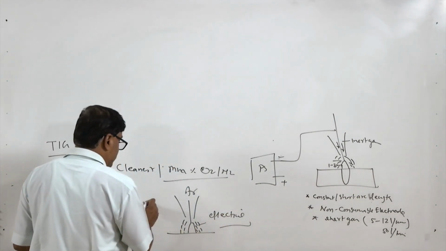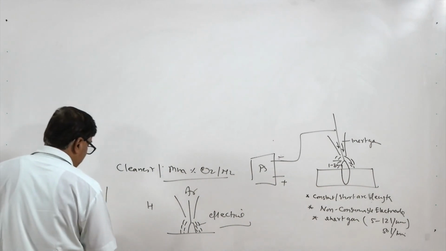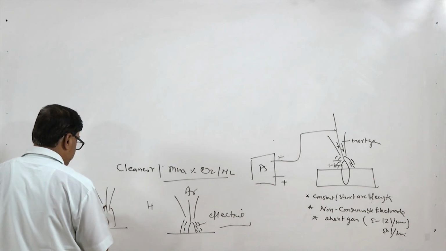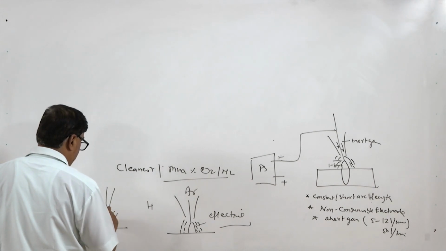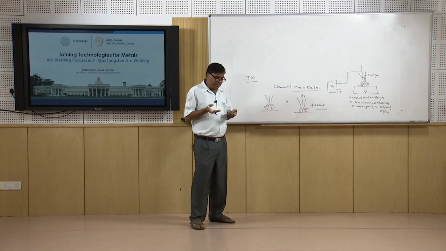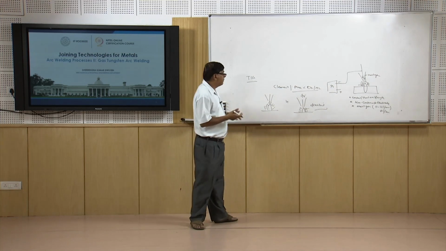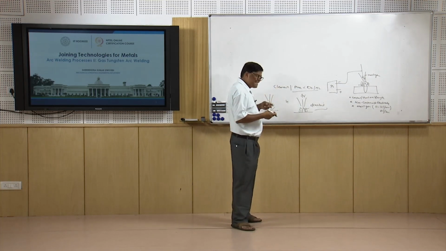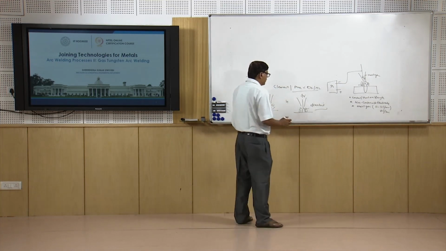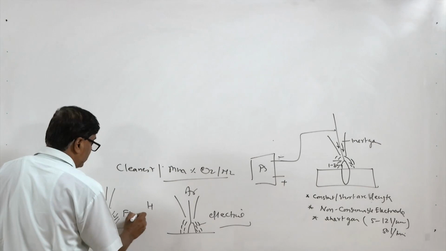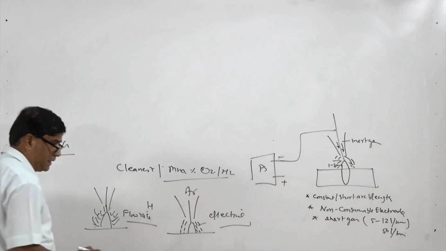In case of helium, being lighter than air, as soon as it comes out of the nozzle it starts to move up, so it will not protect the weld pool and the arc effectively, because immediately after coming out it moves up since it is lighter than atmospheric air. Because of this, the flow rate requirement for helium is much higher than argon.